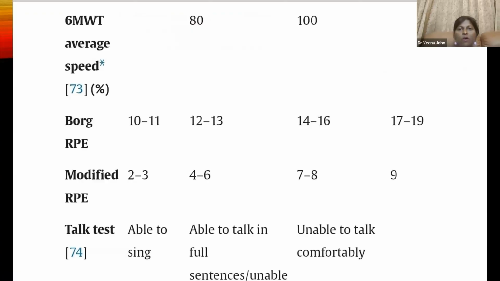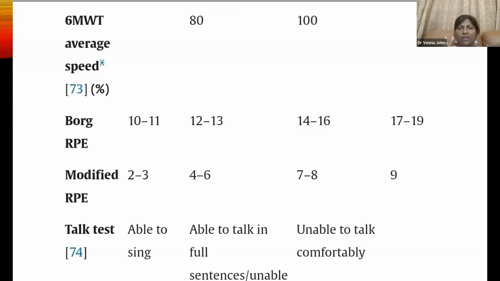So there is the 6-minute walk test which we use for most of our cardiac patients. The other types of tests that we do will need expertise, but a 6-minute walk test doesn't need any extra expertise. We can keep two cones 10 meters apart and give 6 minutes for the patient to go around that place and see how much they have walked.